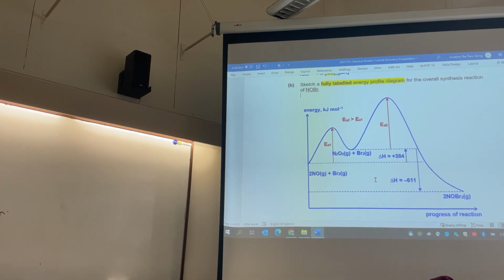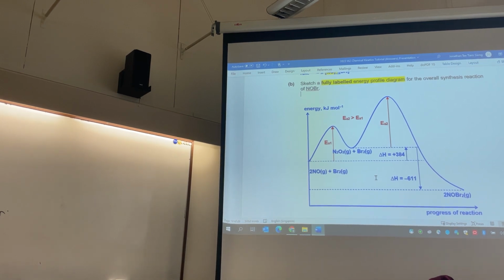Put your tutorial answers in my locker. Is that clear?